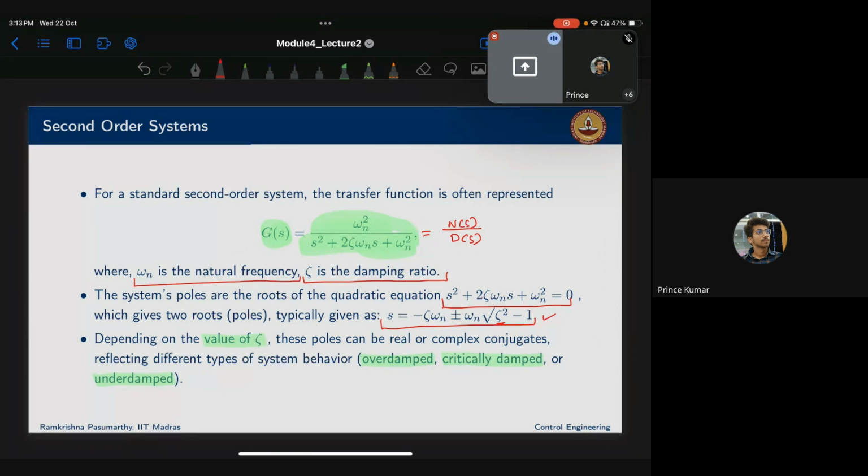If zeta square is less than 1, this will be negative. Based upon that, we will have real roots, complex conjugate roots, and repeated roots also. So based upon that, we will define system behavior into three cases: underdamped behavior, overdamped behavior, and critically damped behavior.